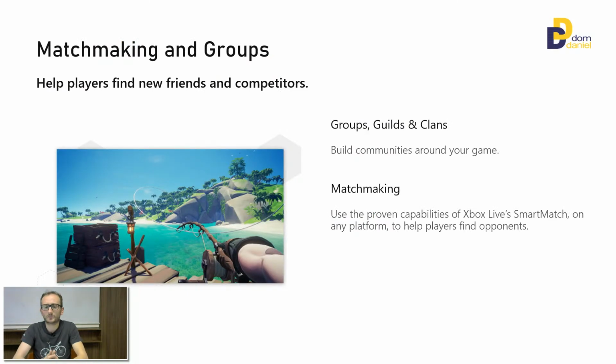Let's talk about matchmaking and groups. The PlayFab matchmaking feature helps you build matchmaking into your game to help your users find each other. This feature uses the proven capabilities of Xbox Live Smart Match for you to use everywhere.